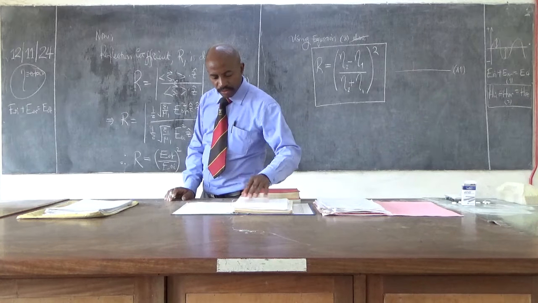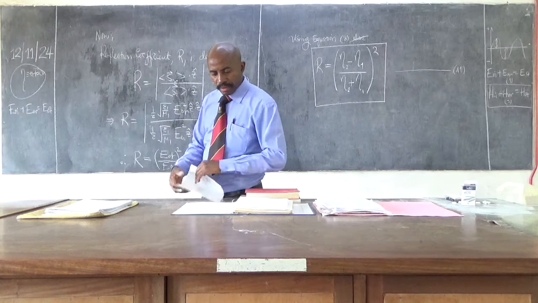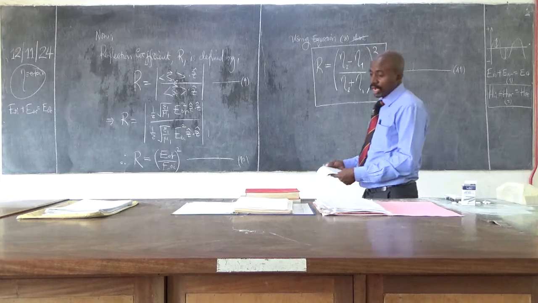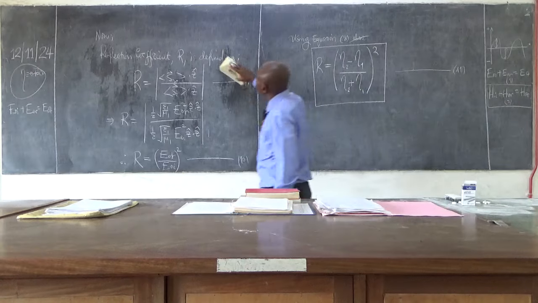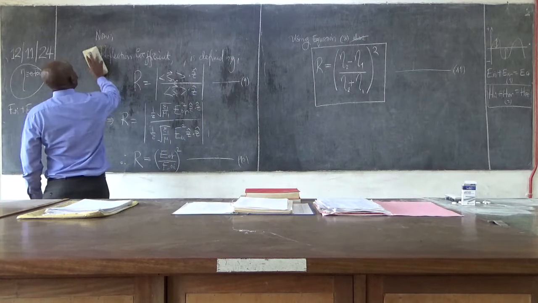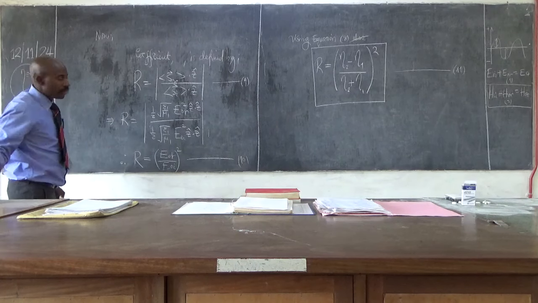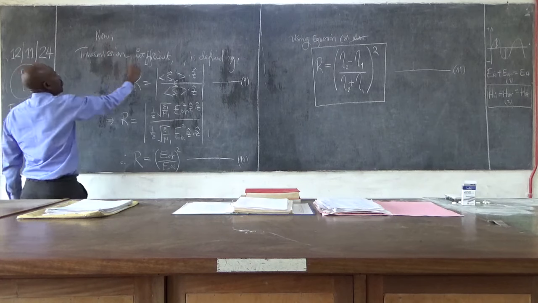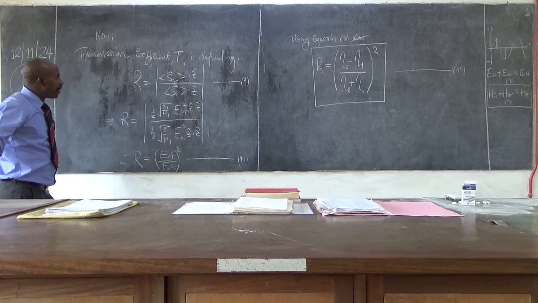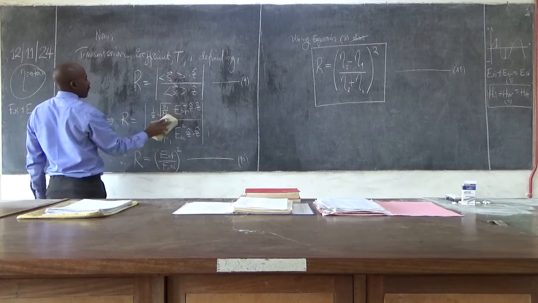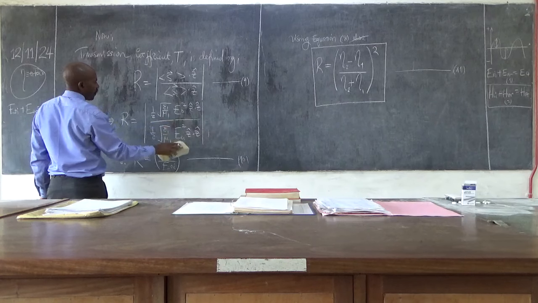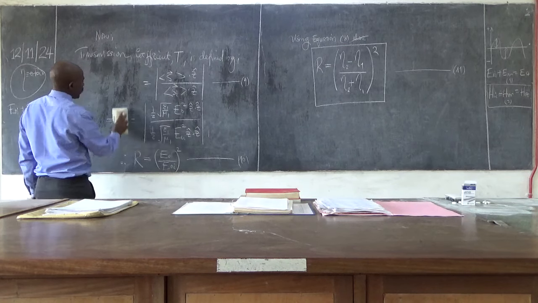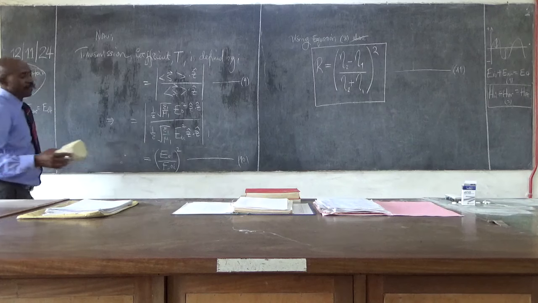How much would be transmitted? How much would be transmitted would be given by the transmission coefficient. So the transmission coefficient T is defined by T equal to these other things.